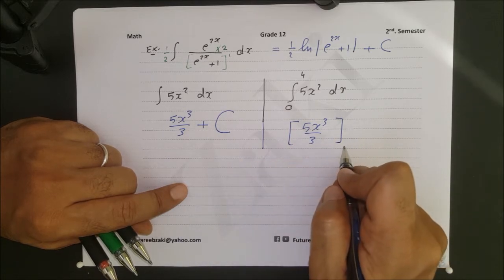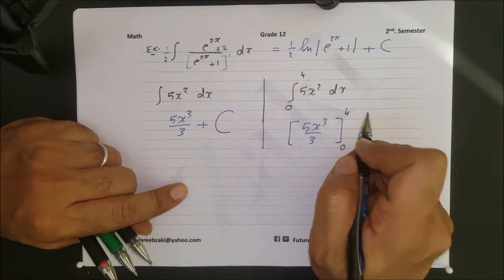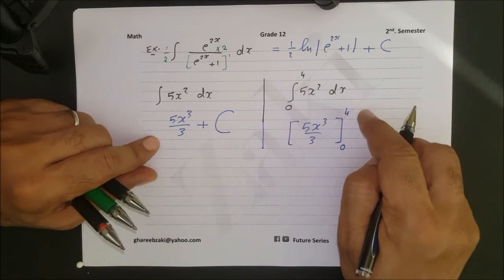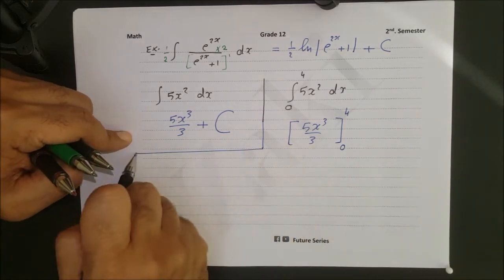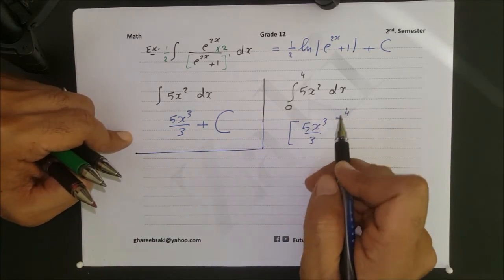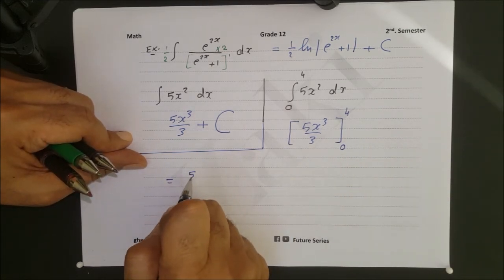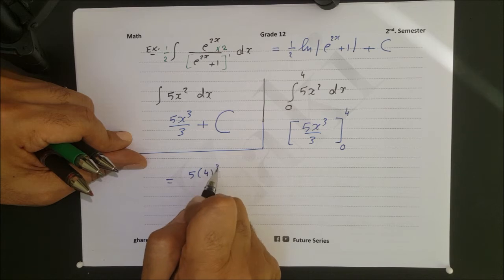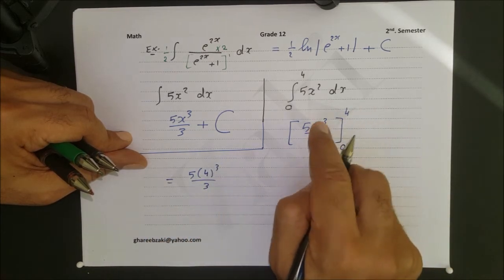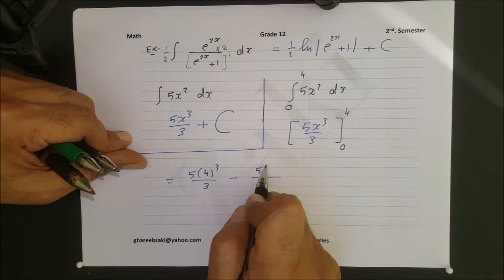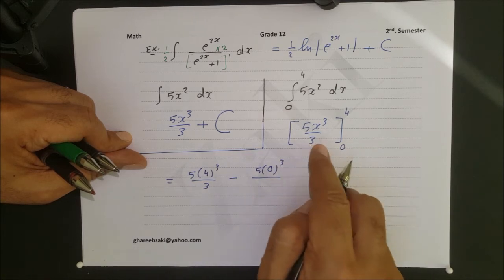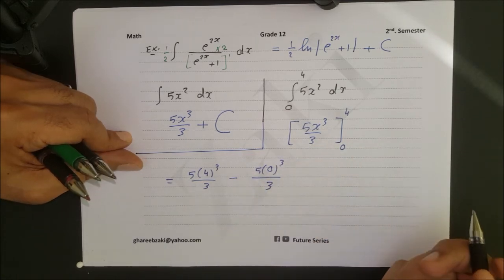We put the limits from 0 to 4. 4 is called the upper limit, 0 is called the lower limit. So we replace x by 4 and replace x by 0 and make minus. So the answer is 5 bracket 4 power 3 over 3 minus 5 bracket 0 power 3 over 3.